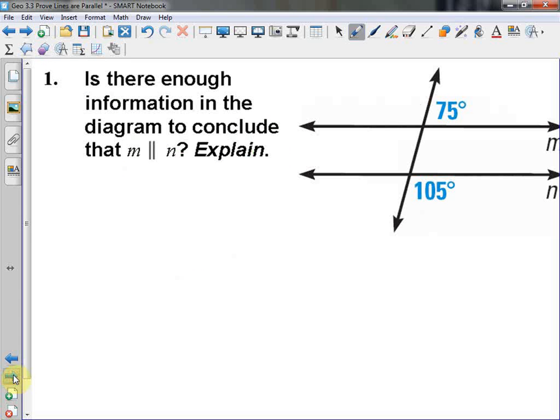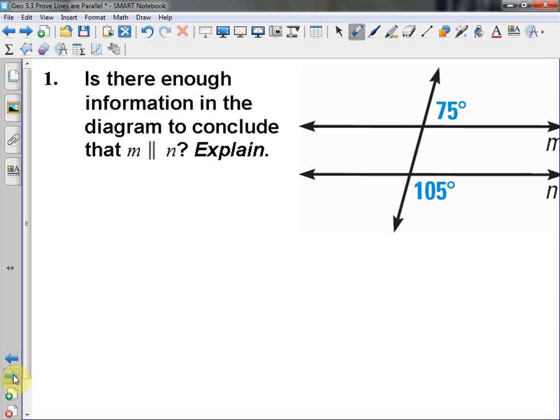Now here I want to say, is there enough information to say that those are parallel or not? Let's see. Well, it looks like the 75 angle is supposed to be a small one and the 105 is supposed to be a big one. And those two need to be 180, supplementary.